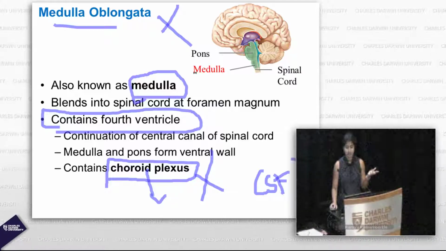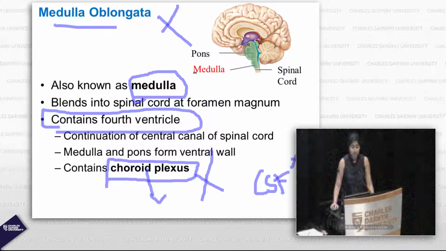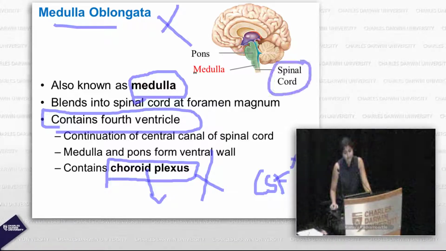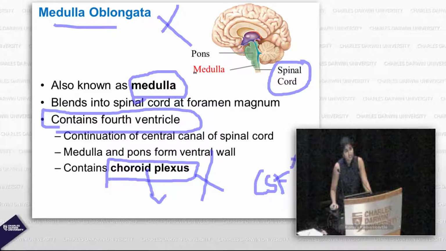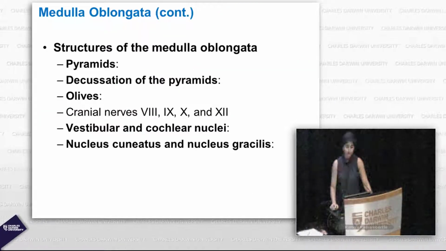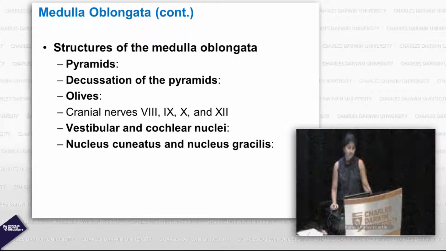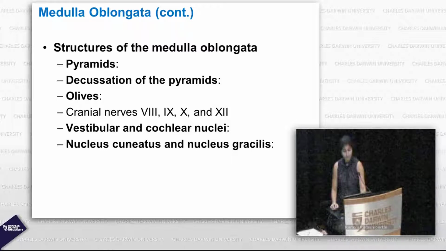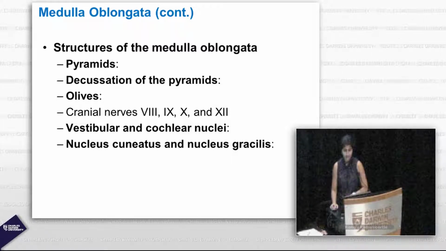Also, medulla oblongata connects the spinal cord, so that's important for all the spinal nerves as well. There are different structures in medulla oblongata that we need to concentrate on: pyramids and others. I'll talk about these in the later slides. I've just put them together there. We won't worry about that yet.